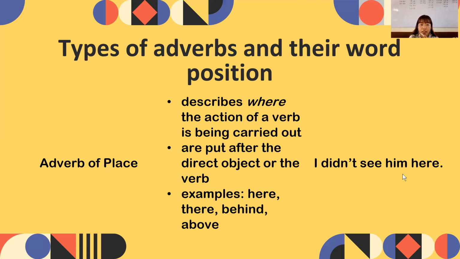Who didn't I see here? Him. So that is the direct object. And of course, lastly, your adverb of place here. So we said that we put the adverb of place after the direct object or the verb. If the direct object is not present, syempre, doon mo siya itabi sa after sa verb. But since we have a direct object here, which is him, that is where we place your adverb here, after the direct object him.